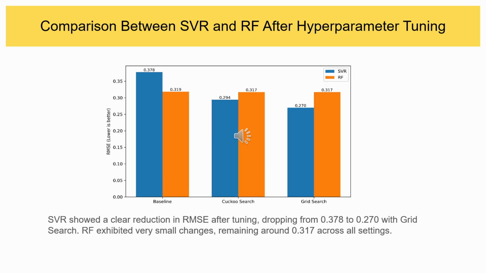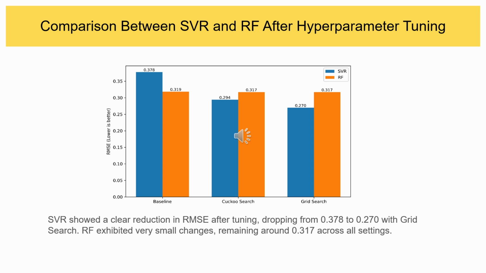In this slide we can see the effect of tuning. According to RMSE value, the baseline, that means the default value, for SVR is 0.378, but for RF is 0.319.